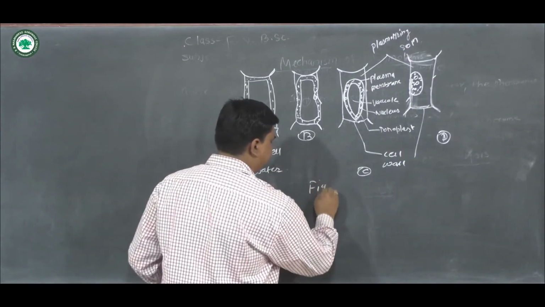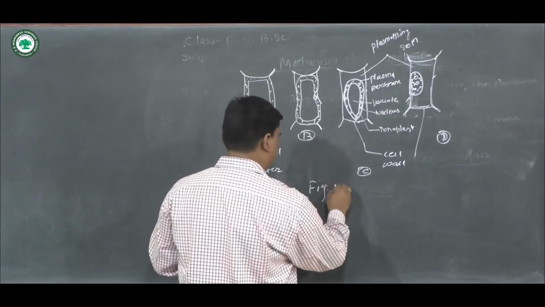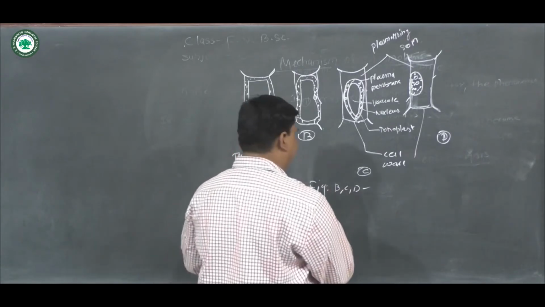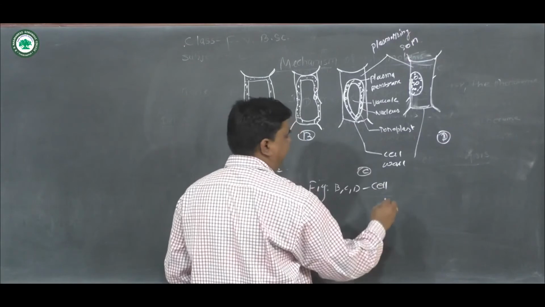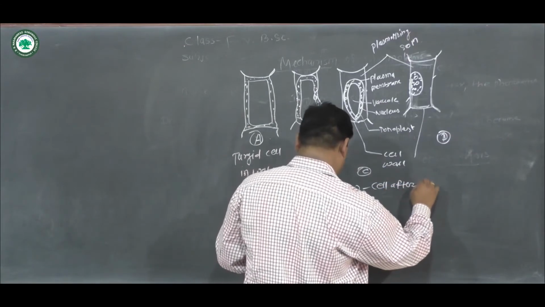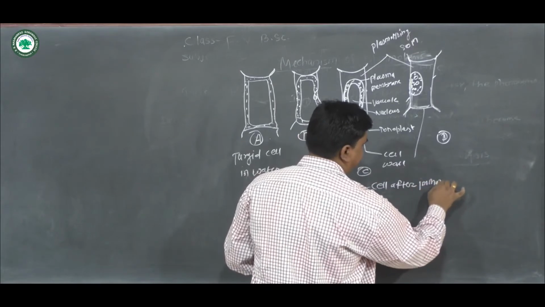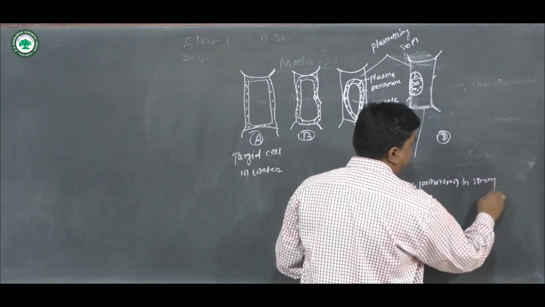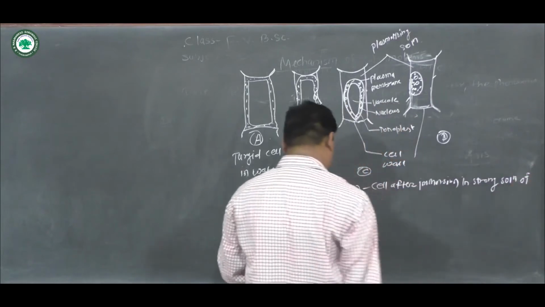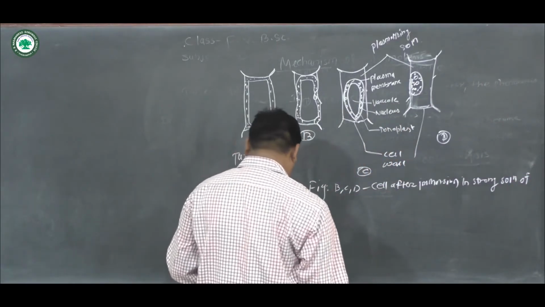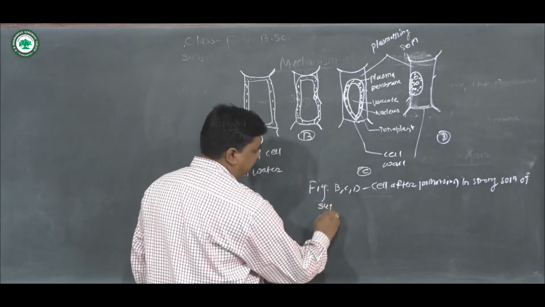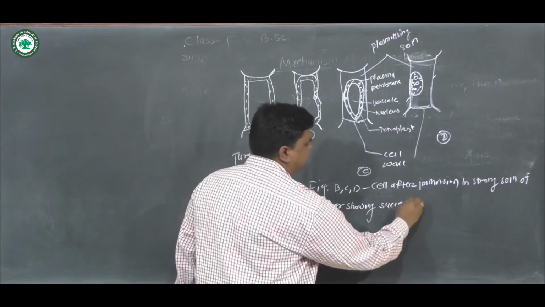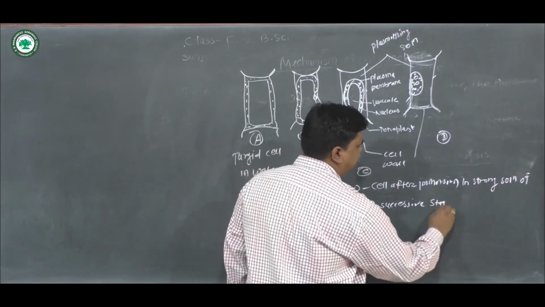Then figure B, C and D are the cell after immersion in a strong solution of sugar, showing successive stages of plasmolysis.